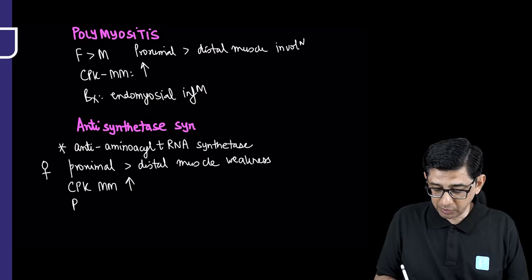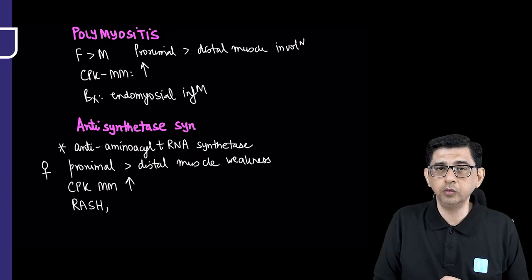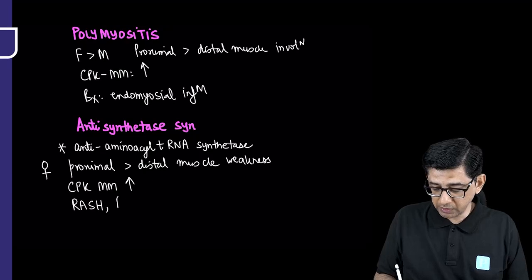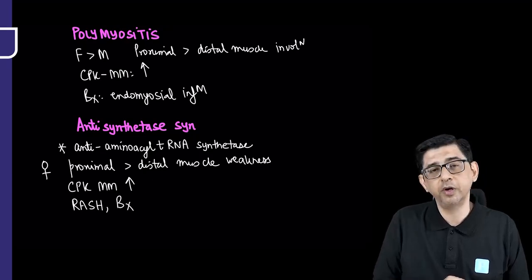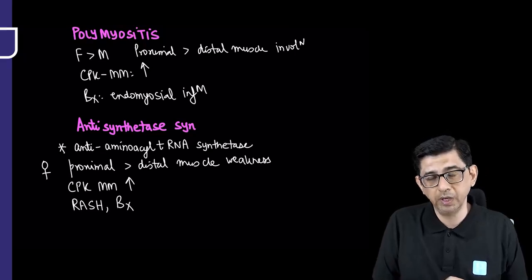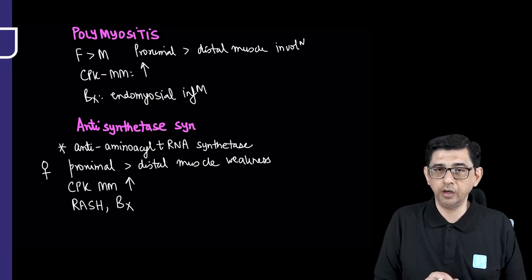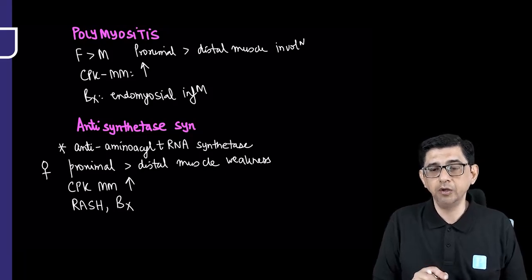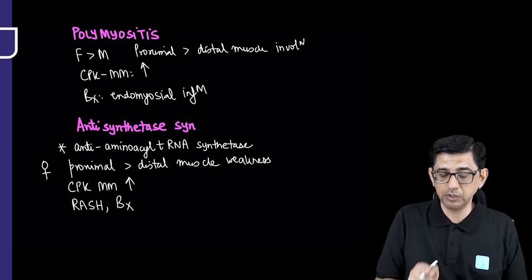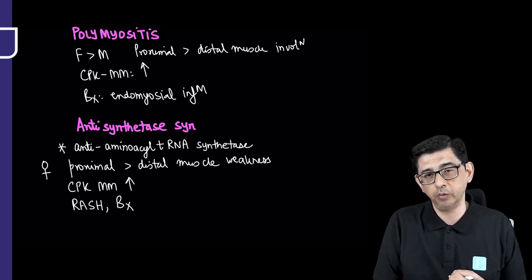And then these patients would be exhibiting a rash as well. This rash could be mistaken for the rash of dermatomyositis as well. So all I can say is polymyositis and dermatomyositis findings could be present even in anti-synthetase syndrome, which is usually the reason for error. And that is why, right in the beginning for anti-synthetase syndrome, I had mentioned the term mechanics hands, which I did not describe for dermatomyositis.